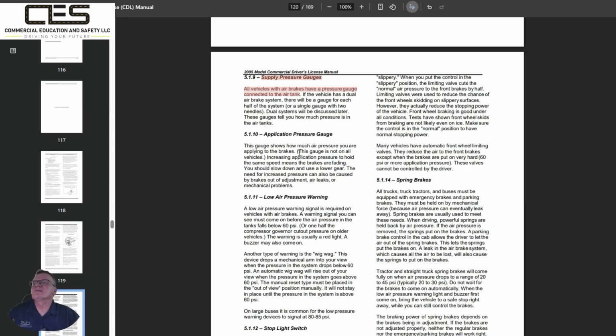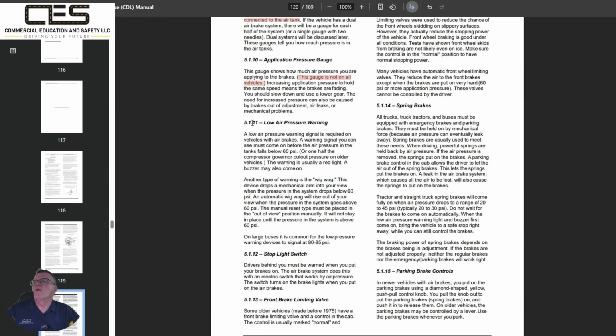This is the key word: this gauge is not on all vehicles. This will be asked in some form when you're talking about supply and application. You need to know the difference between the two. All vehicles will have this one. This is an option. Okay, it's just an option. So remember that little fact there.